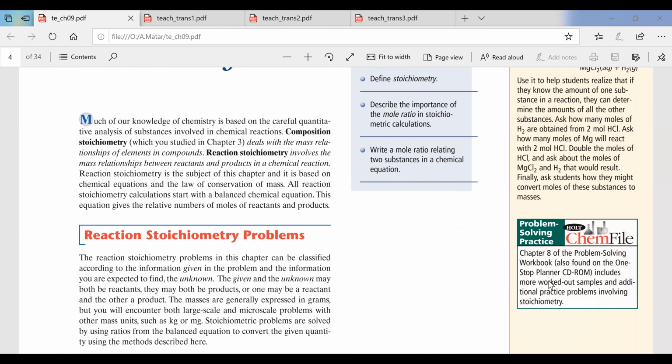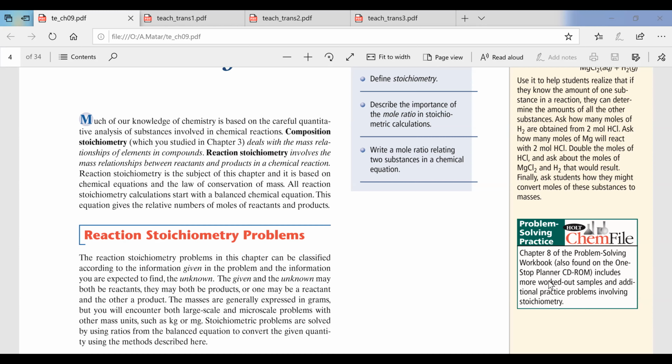That means we talk about one chemical substance. Like once we say H2O, it represents 2 moles of hydrogen combined with 1 mole of oxygen, which means 2 grams of hydrogen combined with 16 grams of oxygen to produce 1 water molecule. That is composition stoichiometry, as we studied in chapter 3.